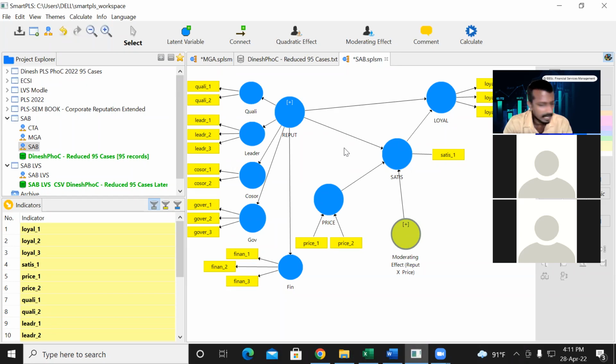What do you call this? Confirmatory tetrad analysis, where you can decide whether your measurement model, let's say a particular construct, is formative or reflective, right? That guides you. Therefore, if you develop a totally new model, sometimes you don't know whether it's formative or reflective.